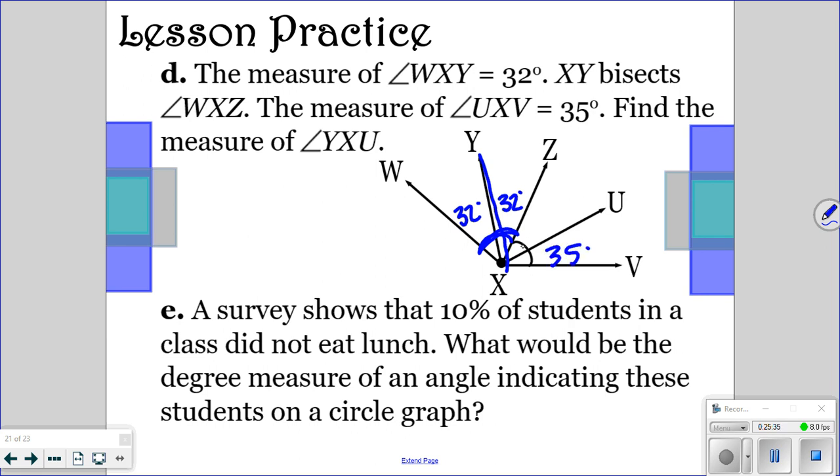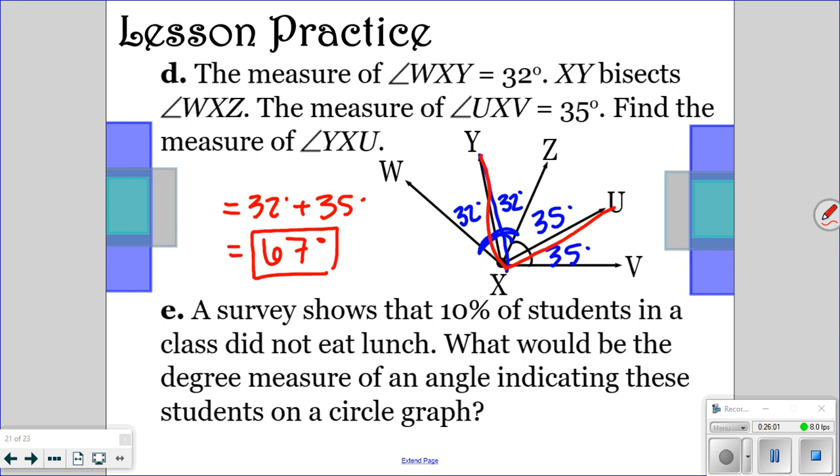And we know that these two angles are congruent because they're bisected, so that means that this angle is 35 degrees as well. And we want to find the measure of angle YXU. So that would equal 32 degrees plus 35 degrees, which is 67 degrees.